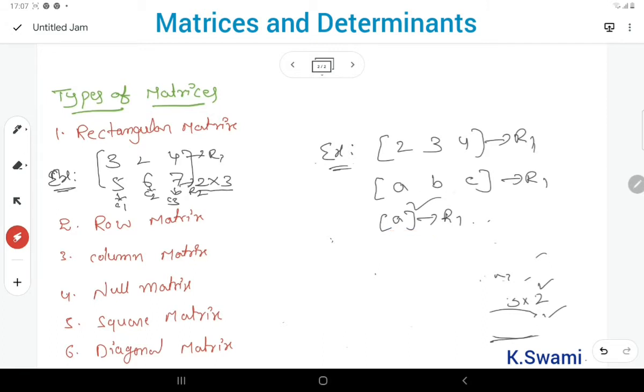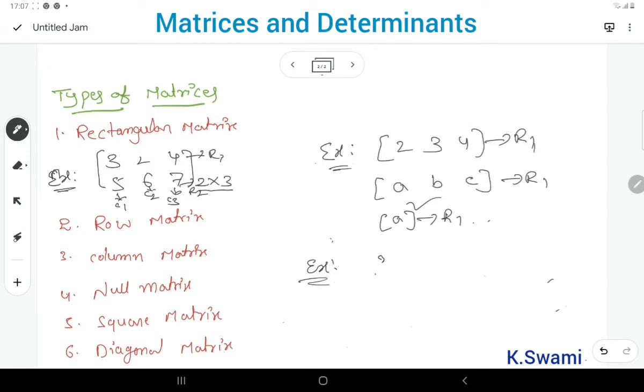Another definition is column matrix. Column matrix means a matrix that has only one column.